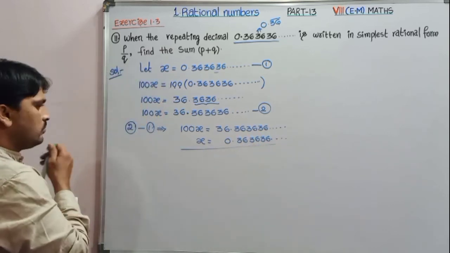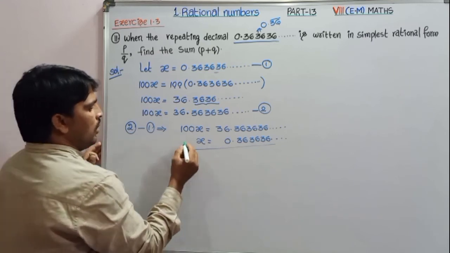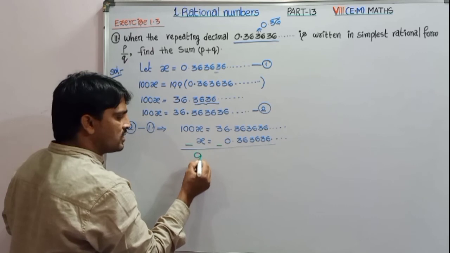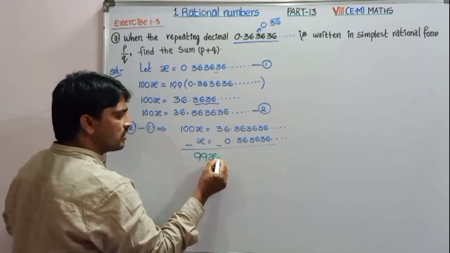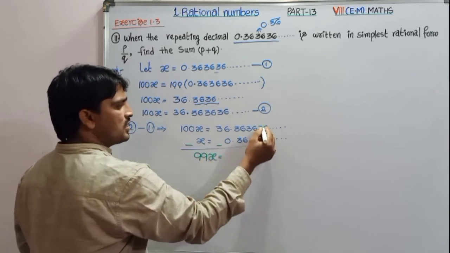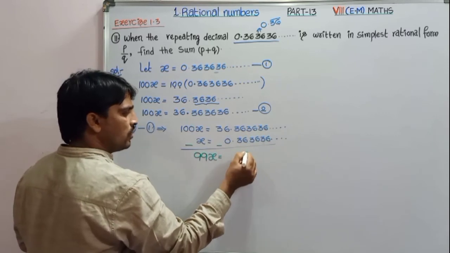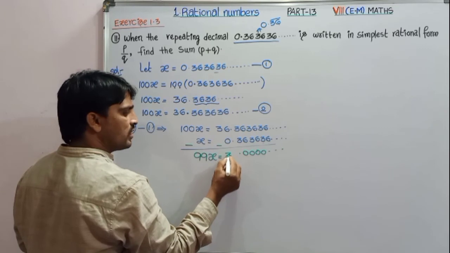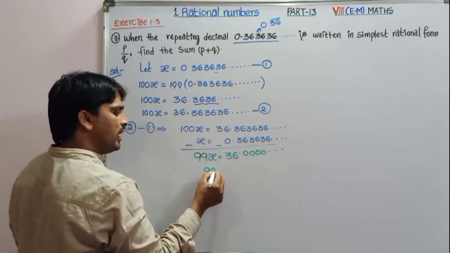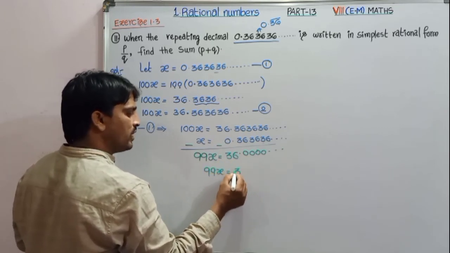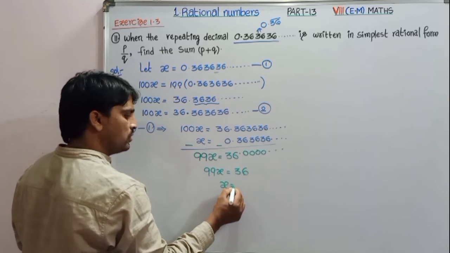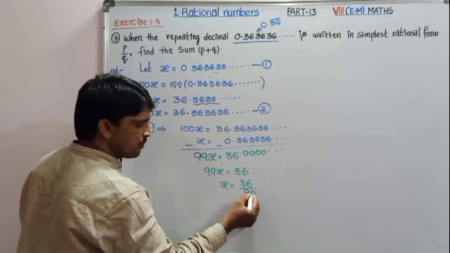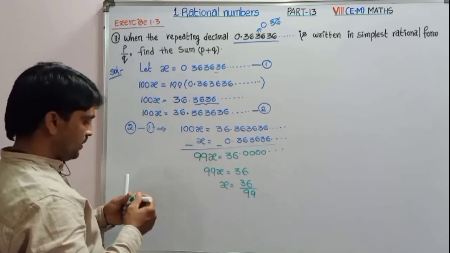We are doing subtraction. 100x minus x, that is 99x, equal, 6 minus 6, 3 minus 3, all are remaining 0 in the decimal part. 36 minus 0 is 36. That can be written as 99x equal 36. That is x equal, transform the coefficient of x, 99, from LHS to RHS, we get 36 by 99.